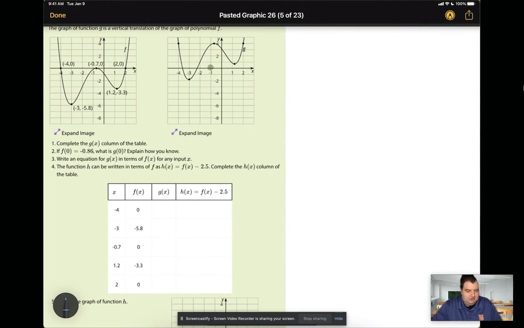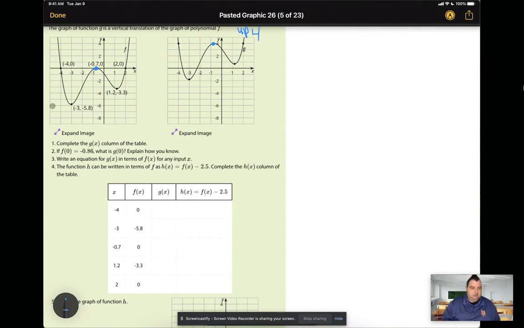How much of a translation is it going to be? Well, for example, look at this middle point right here. Notice the y value goes from 0 to 4. So this would be a vertical translation or a vertical shift up 4 units. That's an important thing to realize.